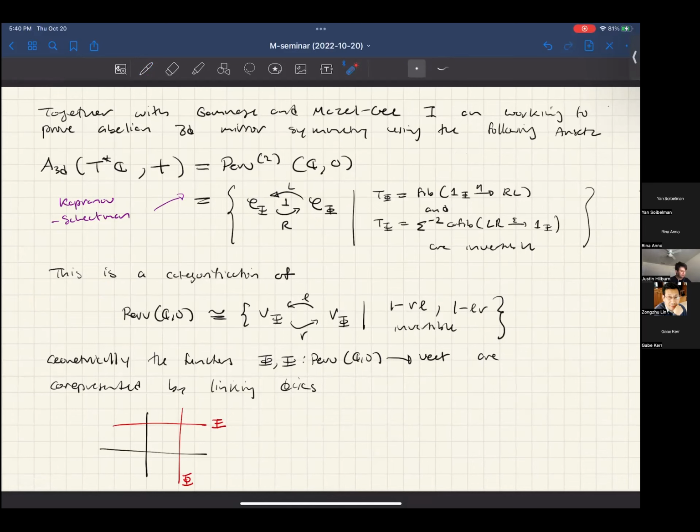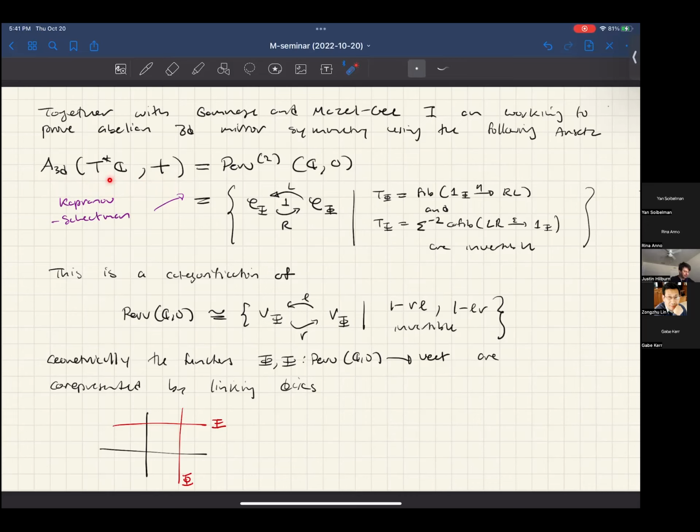Okay, so I need to give you an ansatz for what this category A3D is going to be. I told you some properties that it should have, or some ways that it should behave, but I haven't given you a definition. And my ansatz is that I'm going to first look at a skeleton which is not an example of a Lambda_m.